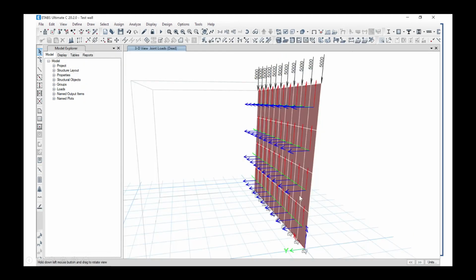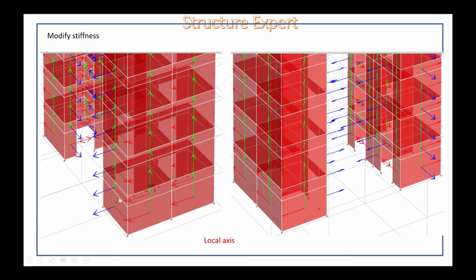But when you draw it manually, local axis 1 is upward and local axis 2 is in this direction. It doesn't matter which direction the local axis is in, but you have to show the local axis on the element you want to check. Here local axis 2 is upward, so I have to check local axis 2.